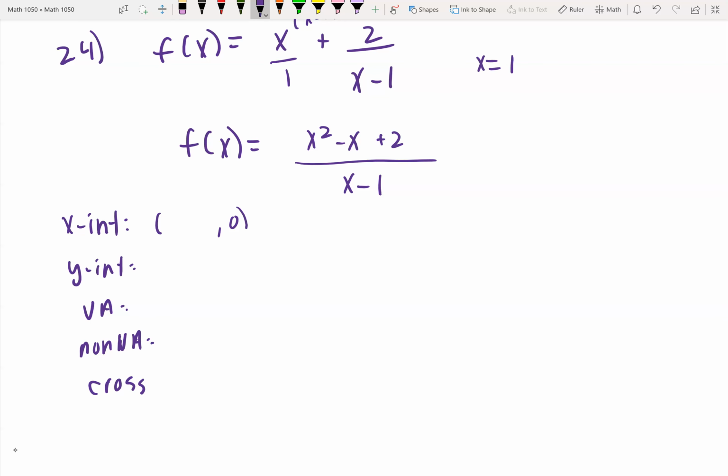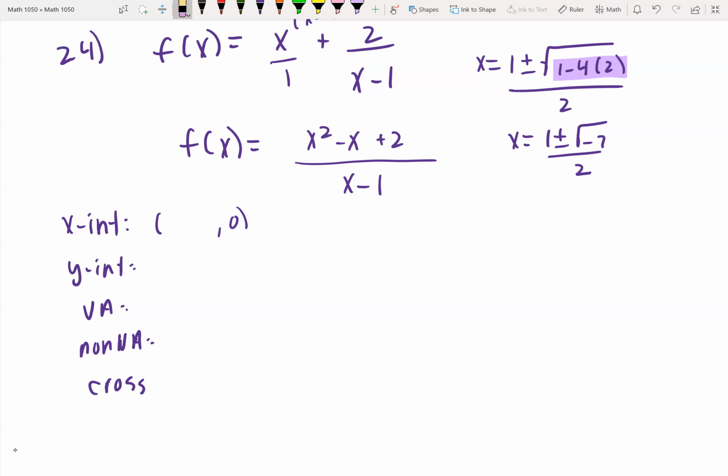So I'm going to go x equals 1 plus or minus the square root of 1 minus 4 times 1 times 2 all over 2 times 1, which is 2. So now I would do this, and I can see right there I'm going to get a negative inside my square root. So it's 1 plus or minus the square root of a negative 7 over 2. And I'm not going to list an imaginary x-intercept. So therefore the x-intercept is none.